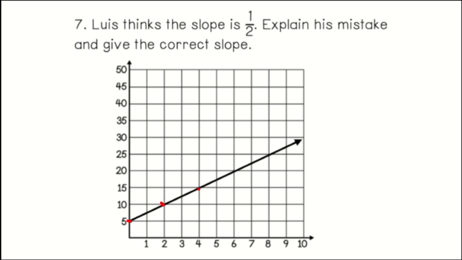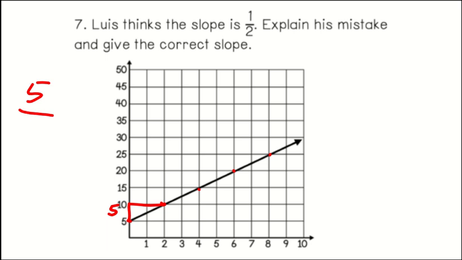All right, so Luis made the same mistake some of y'all were making. Instead of looking at the label, he counted squares, right? He saw the squares as up 1/2. But when you look at the labels, we're going from 5 to 10. So my rise is actually 5.